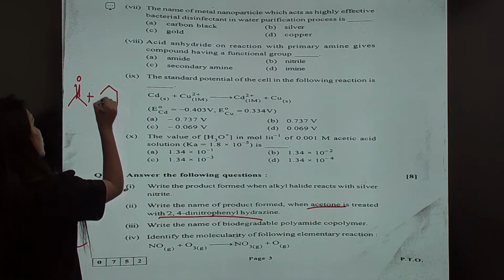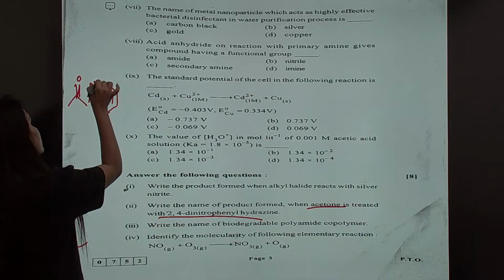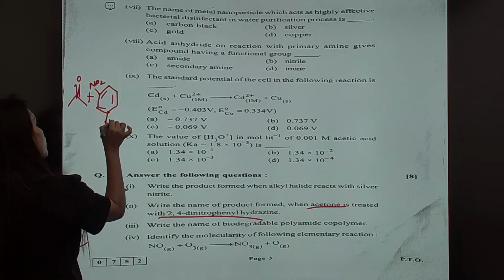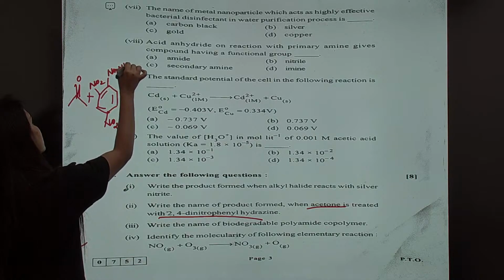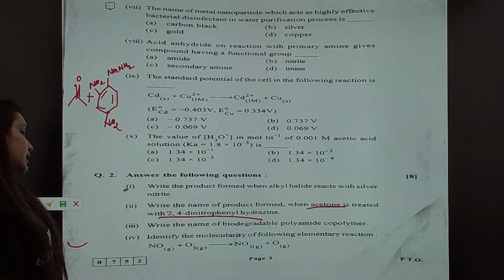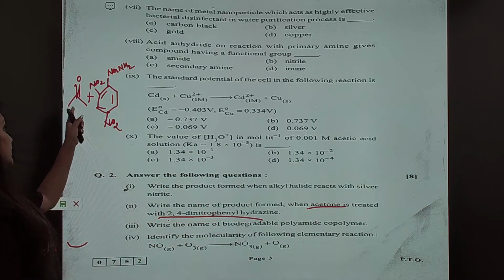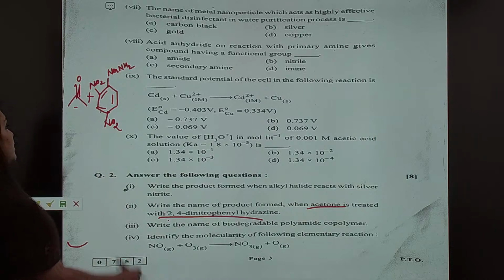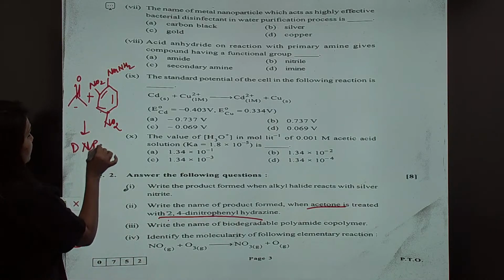So here is your benzene ring. Alright, 2,4. So this is 2,4-dinitro hydrazine. Perfect. Then it is treated with it. When both of them are reacting, what are we going to get? So let us figure out the answer to this. The answer is DNP.